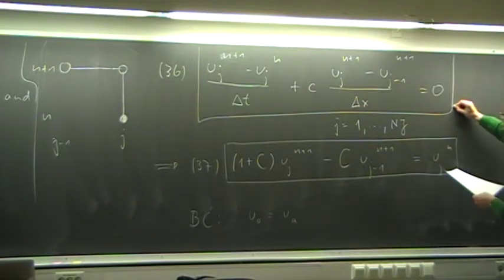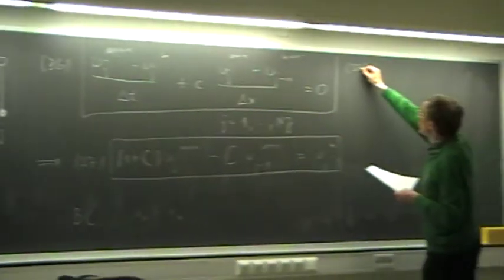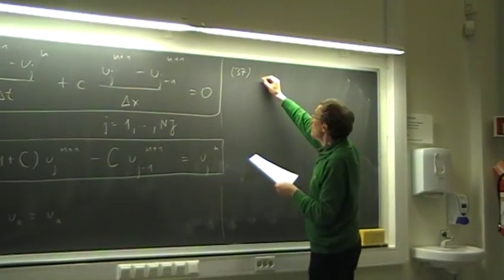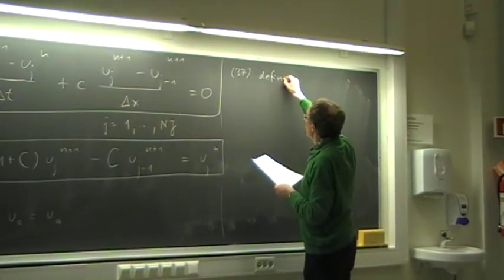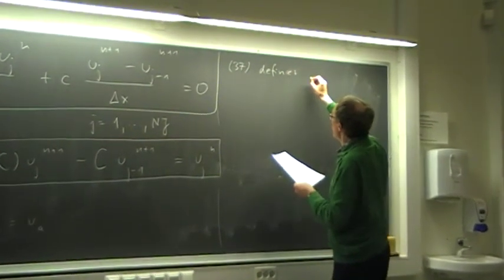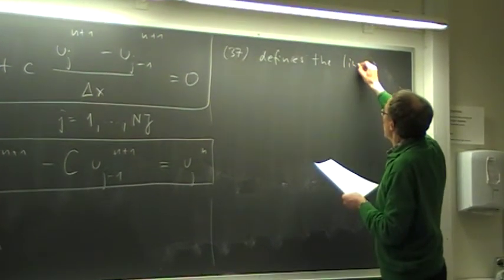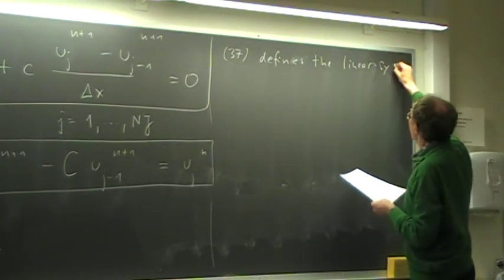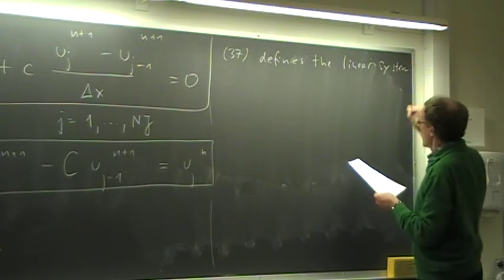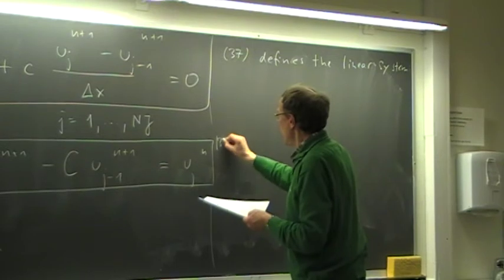So then we can argue that equation 37, in which we write the implicit upwind method, defines a linear system. And it defines the following linear system of equations, I call it 38.